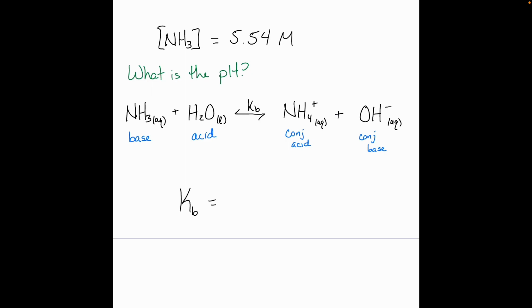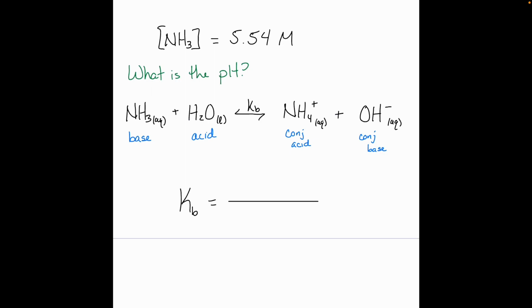So now, given our chemical equation here, take a second and give me my equilibrium expression for this reaction. All right, equilibrium expressions.